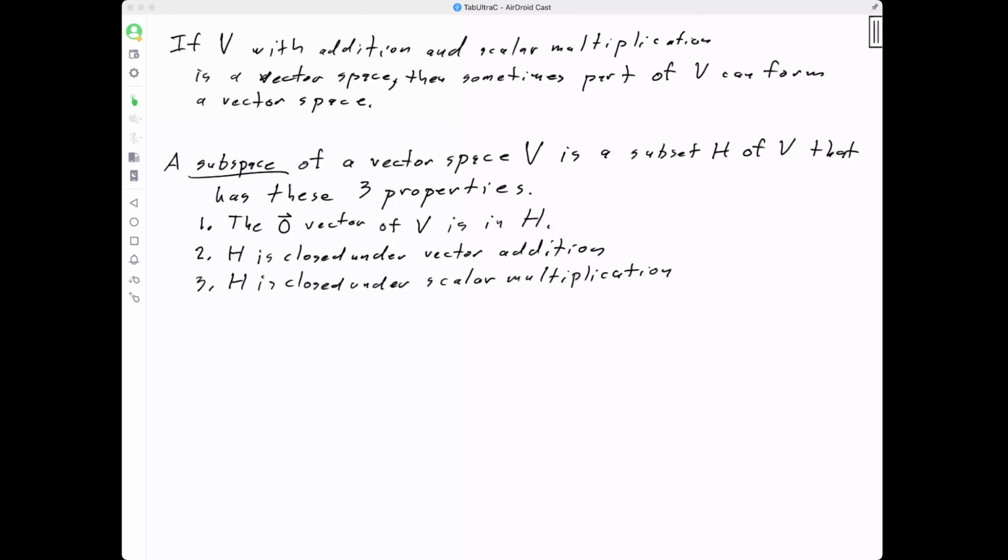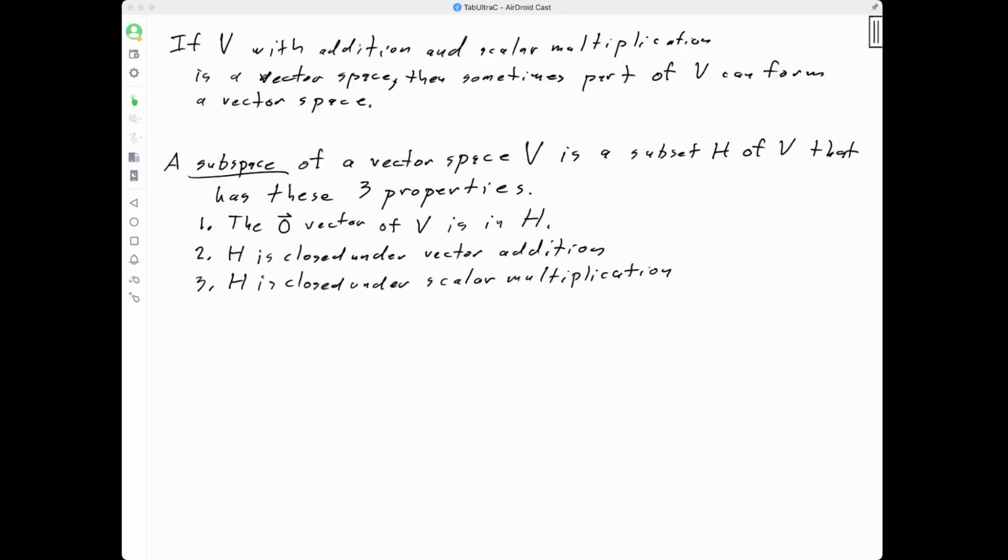So if you add any two vectors in H together, you have to get another vector in H. And if you multiply any vector in H by a constant, you have to get another vector in H. One of the most boring subspaces you can have is the zero subspace.